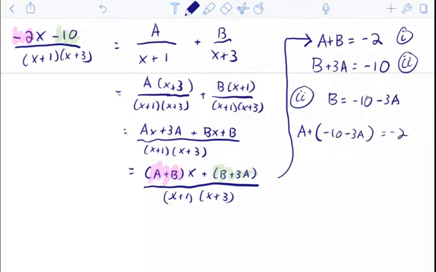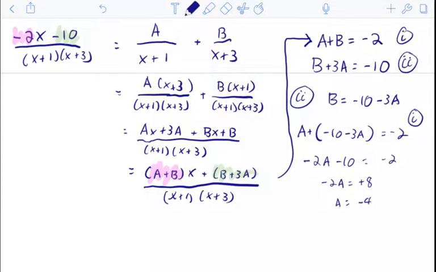So that's equation 1 with a replacement. And now I simplify, and this becomes minus 2a minus 10 is equal to minus 2. So minus 2a is equal to, I'll add 10 to both sides, plus 8. And now I'll divide both sides by minus 2. Minus 4.